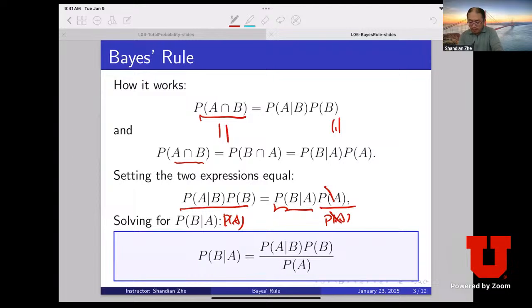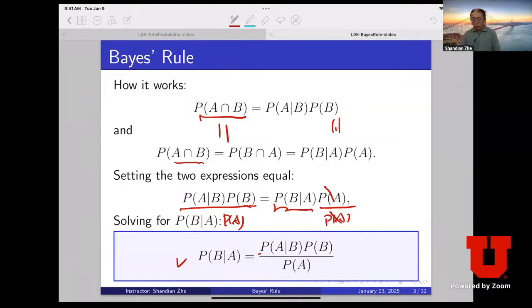It gives us a formula where the conditional probability of B given A is the marginal probability of B times the conditional probability of A given B, divided by the probability of A. That's called Bayes rule.